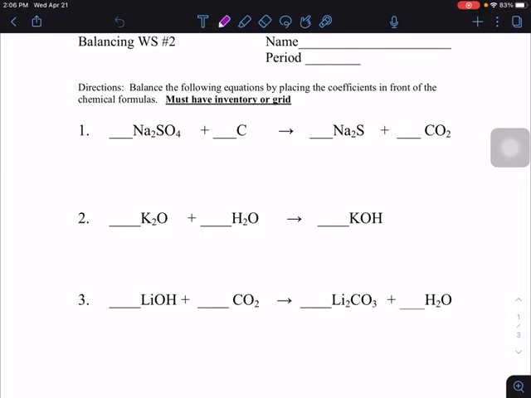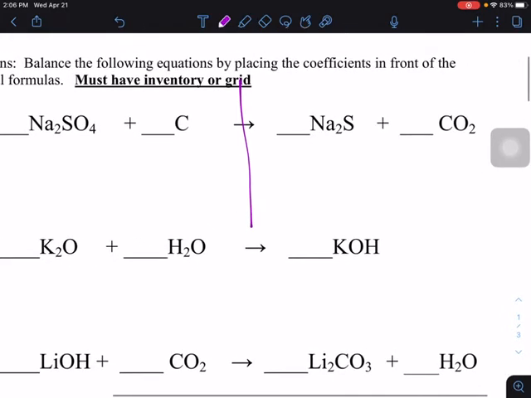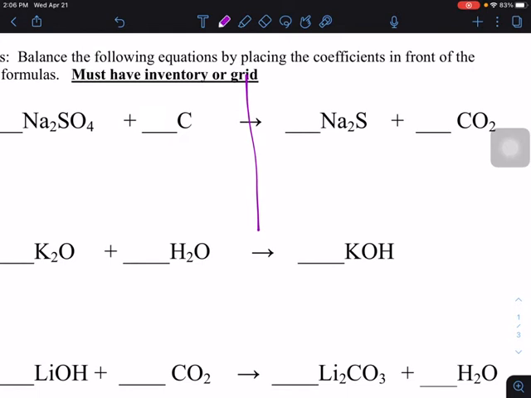Let's go ahead and do this, and we will separate the reactants on the left from the products on the right. We are going to put the inventory on the left with the reactants. We have sodium is 2.